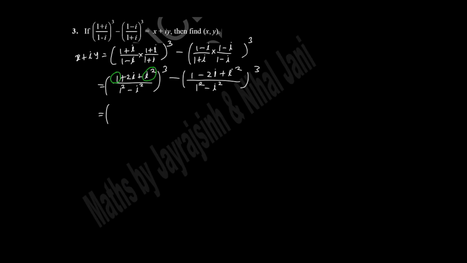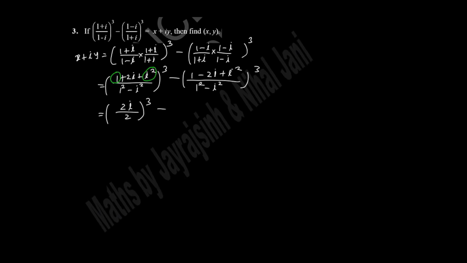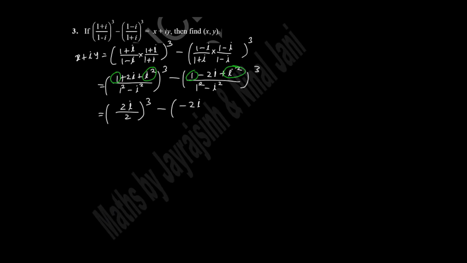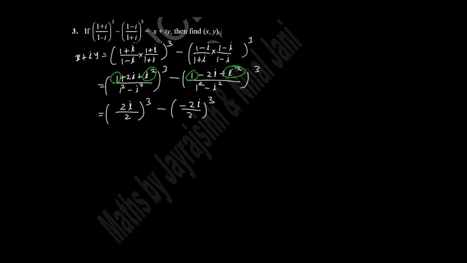Now in further simplification, notice that i square is minus 1, so 1 minus 1 becomes 0. The only remaining term in the numerator is 2i. In the second bracket, 1 and i square will cancel out, so we'll get minus 2i upon 2 the whole cube.